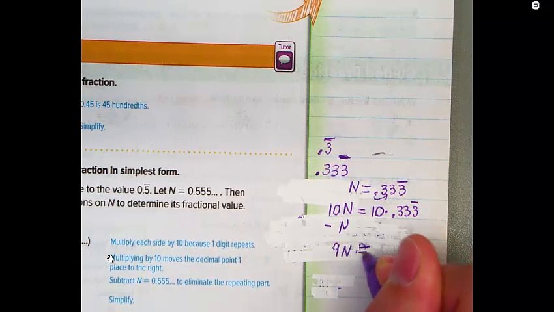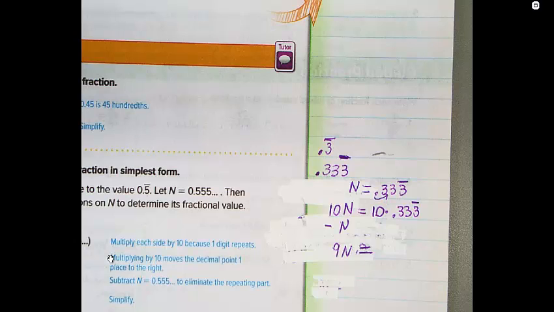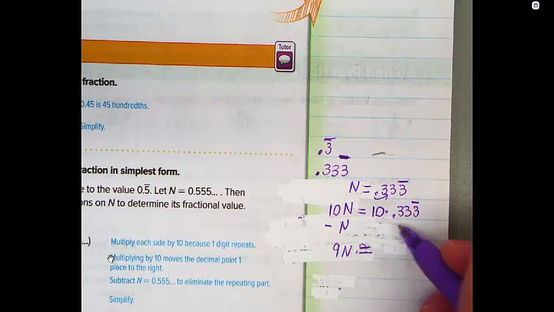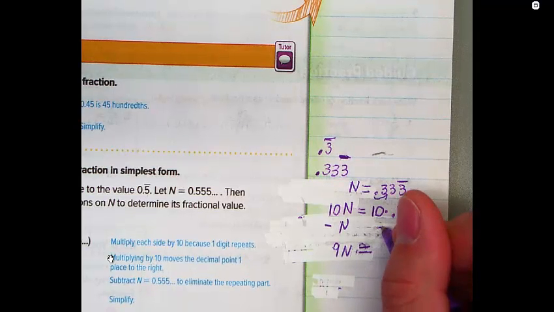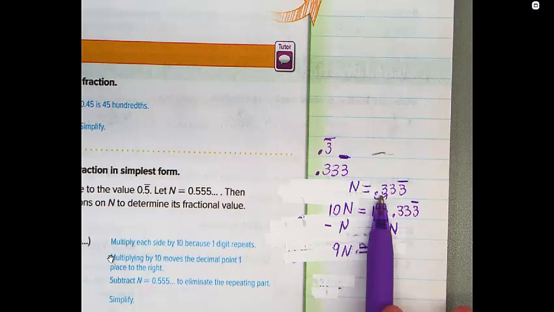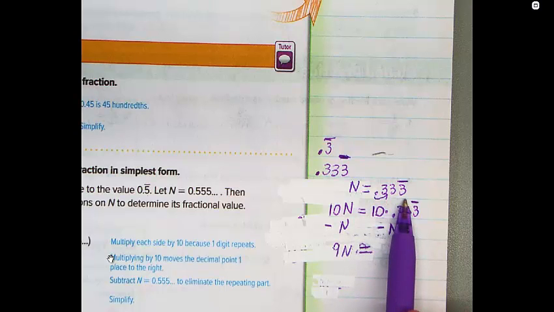Equals what over here? Well, if we take 9n, I no longer will have this 10. And actually what's happened here mathematically is I take the n away from this side as well, which remember is the 0.33 repeating part. Okay?